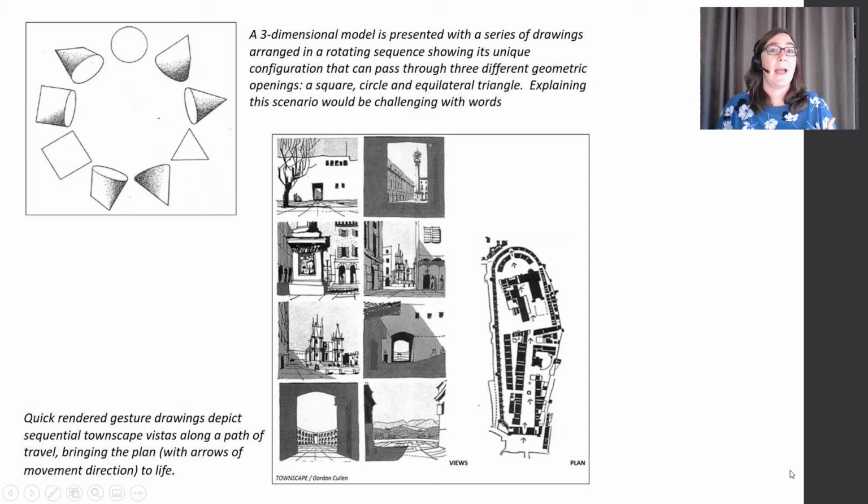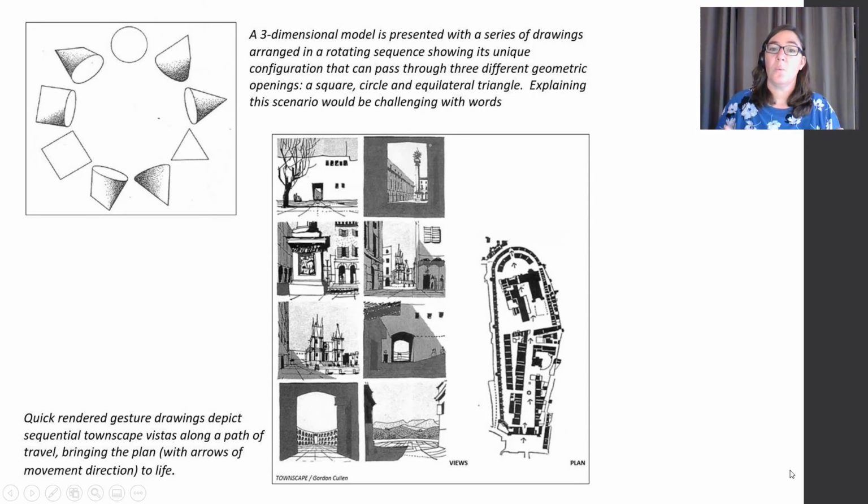So let's take a look at some examples of some of these ways to use serial views. Starting in the top left, this is an example of a three-dimensional object that has different characteristics as you rotate it. So providing those rotated views is really exploring that form.